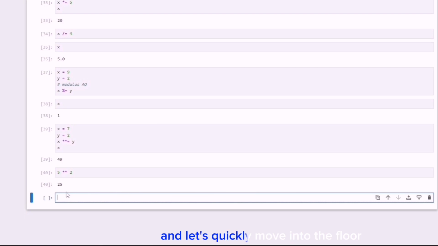And let's quickly move into the floor division assignment operator. It's just going to be doing the same thing whereby we have our x and y. You must understand that currently our x is equal to 49. I want us to use that same variable, and we're going to be using y is equal to 2. If I remember what floor division does, it gives us the whole number. It doesn't give us the remainder.